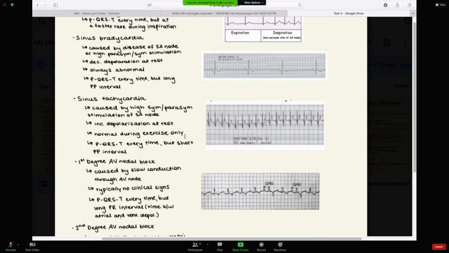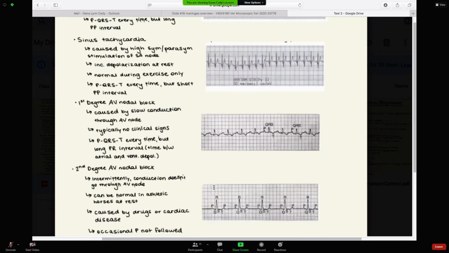During exercise, we learned that your heart rate has to jack up to balance out your low blood pressure, so it wants to return it back to normal. So again, I still have PQRST every single time, but now my PP interval is really short, right? If your dog is riled up and super terrified, this might be normal because it's going into fight or flight. Sympathetic involves fight or flight. But if he's chill, he's calm, he's not doing anything, and you have this, that's a problem.